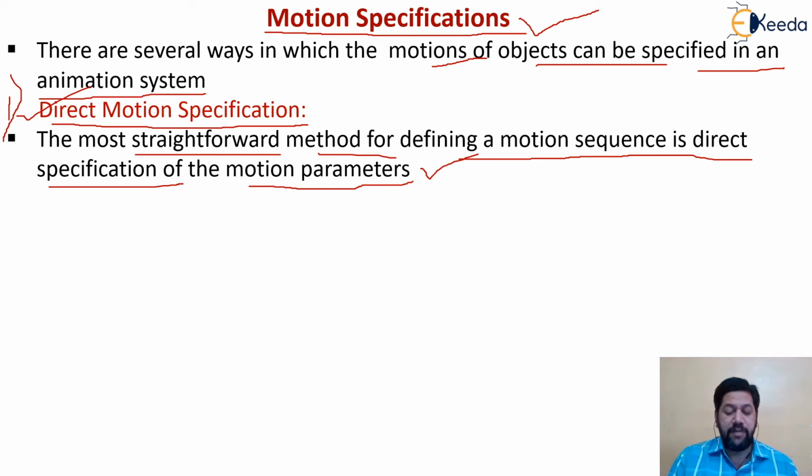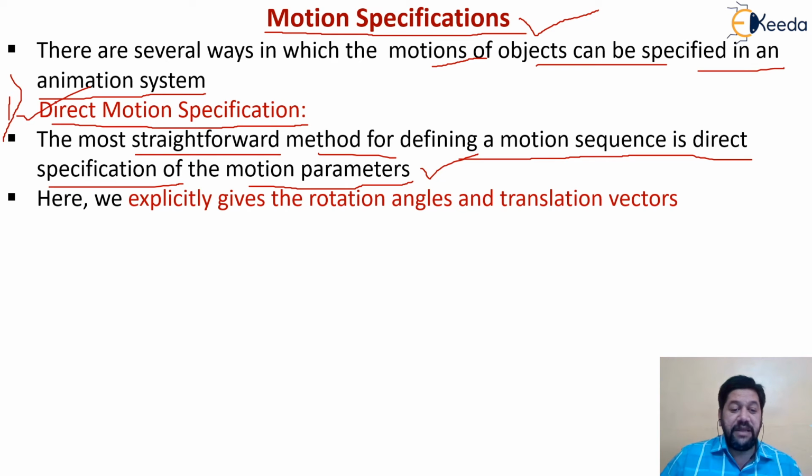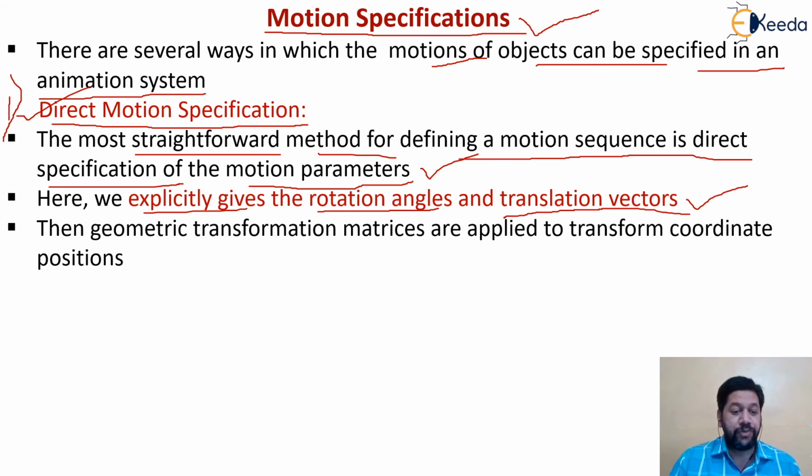So that is my direct method of conversion from one object to another object. Here we explicitly give the rotation angles and the translation vector. All this information, all this specification, we are directly giving, so it is called direct motion specification.